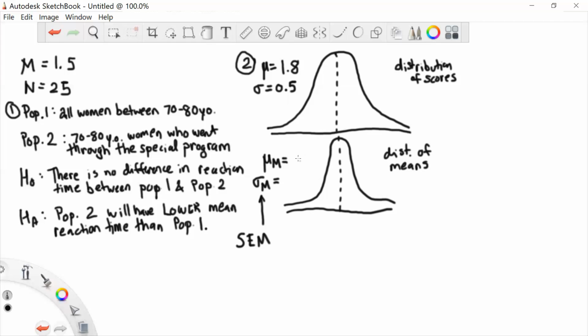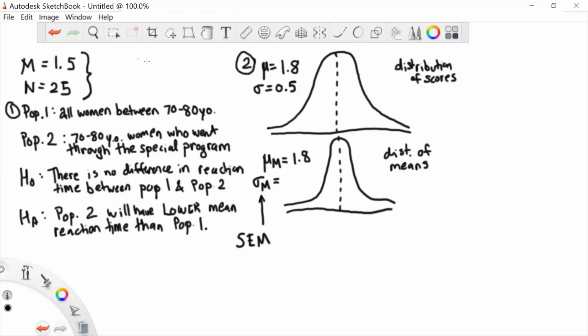So it wouldn't be 1.5. 1.5 is our sample mean. And this distribution here is what we would expect if the null hypothesis is true. The mean of the distribution of means will always equal the mean of the distribution of scores, not the sample mean. So this will actually be 1.8.